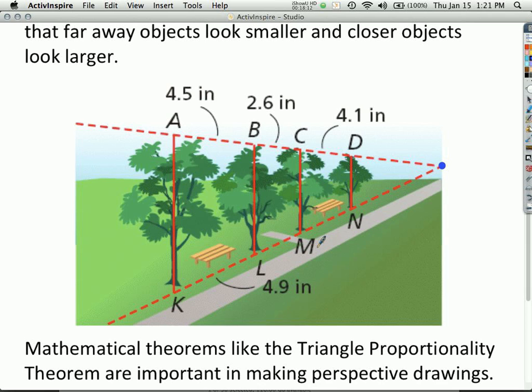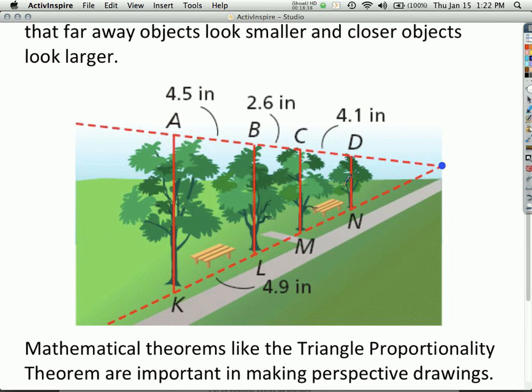But if we stood all the way over here and looked down the path, it would look as though the tree closest to us was taller than the tree furthest from us. And so artists become very adept at simulating this by actually drawing things smaller as they get further away, but they don't do it randomly.